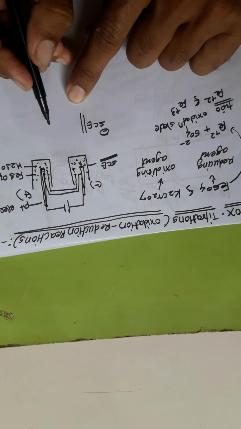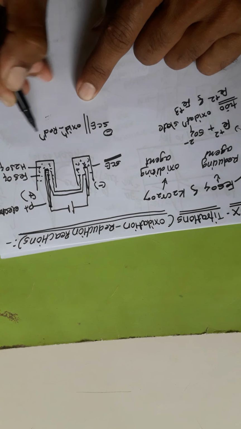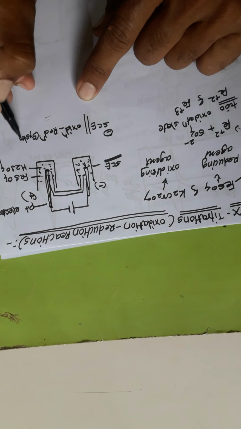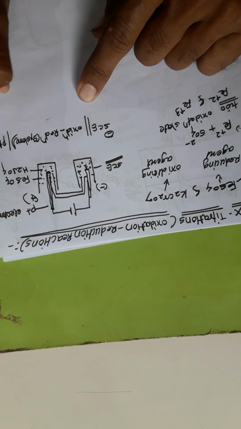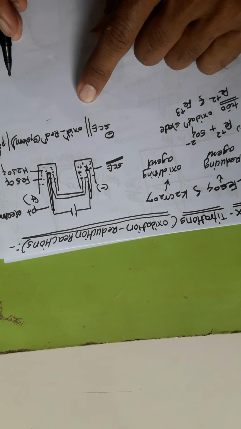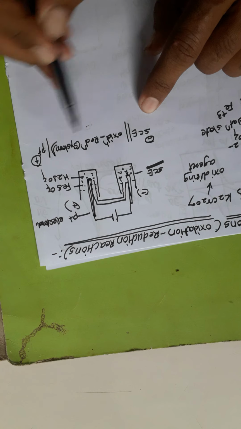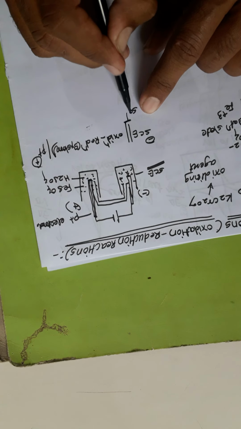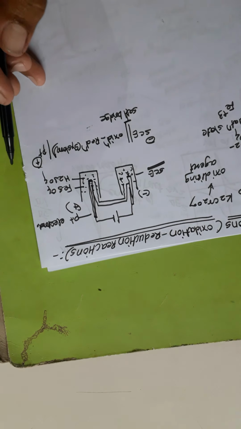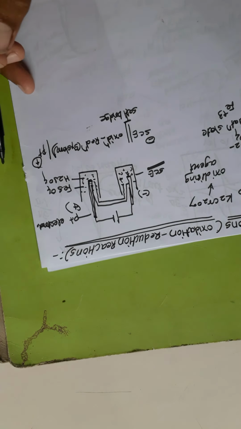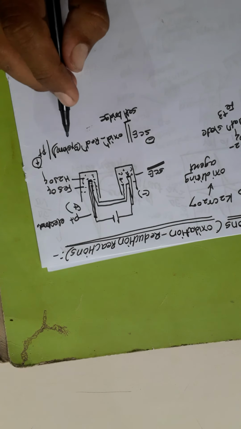Then the solution, the oxidation-reduction system, and then the platinum electrode, which is the positive end. This is the representation of the cell.